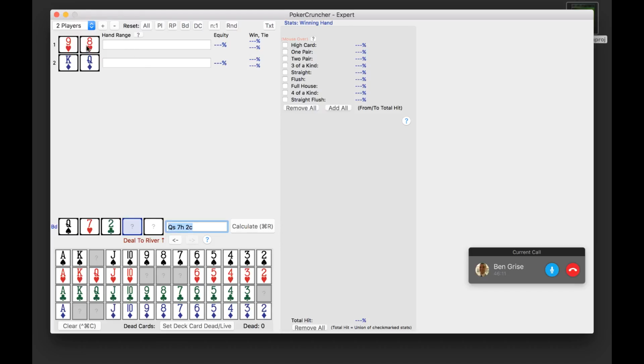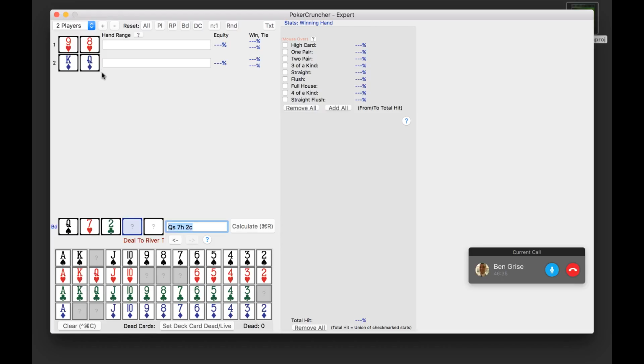Now backdoor straight draws, right? If you have a 3-card straight in your hand, you're going to improve to a straight by the river 4.4% of the time. So that's also equivalent to having another out in your hand. The turn and river are going to go Jack 10, 10 6, or 6 5, 4.4% of the time.